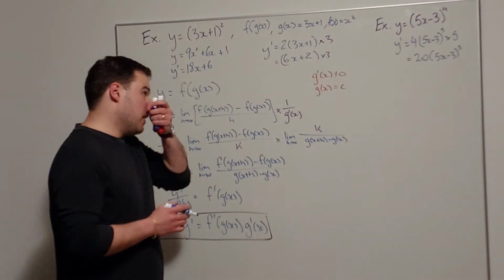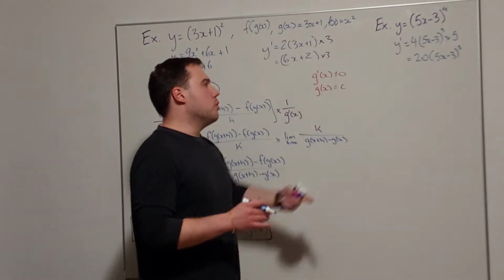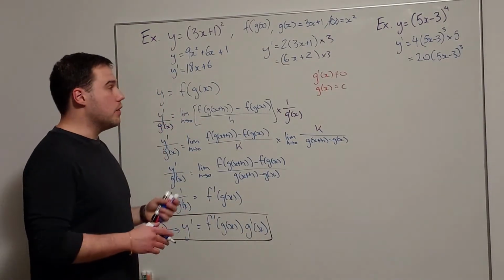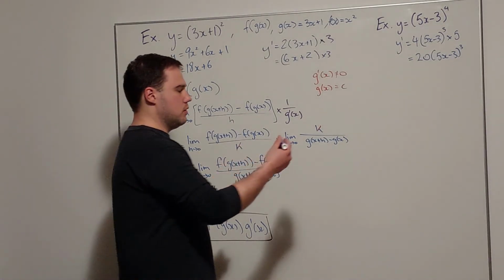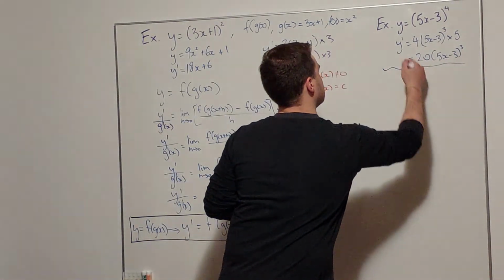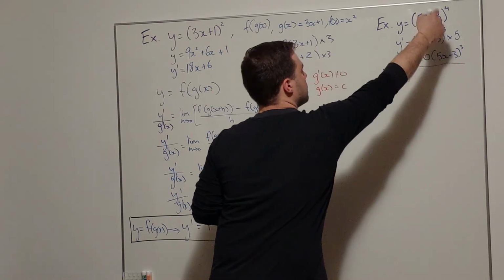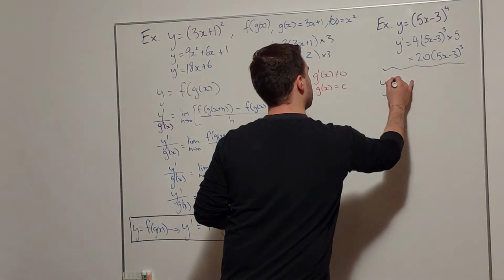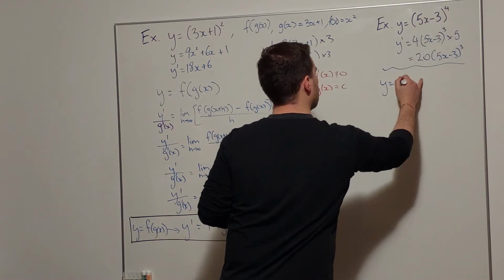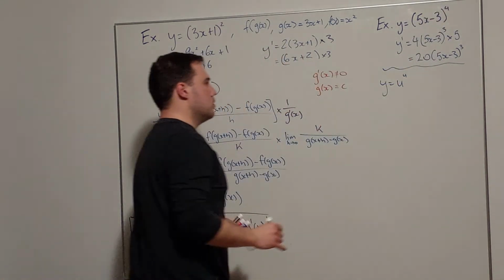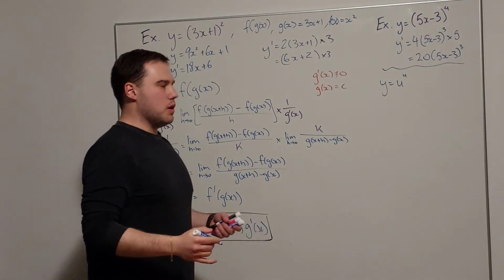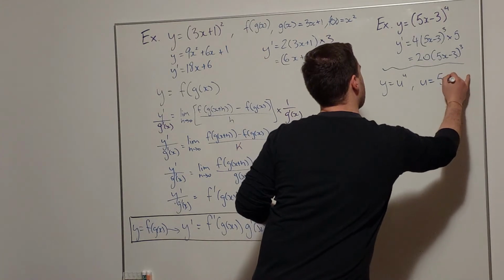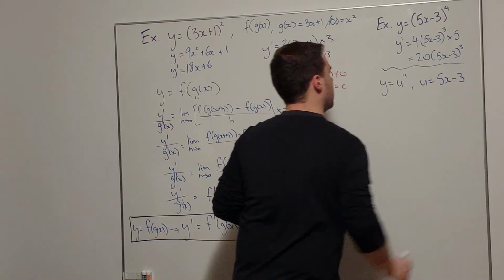Alright, so here's another way of doing this same problem, with slightly different notation, which will be useful in some other contexts. Let's say that y equals 5x minus 3 to the power of 4. That's like y equals something to the power of 4, so let's call that u to the power of 4, where we're substituting u as 5x minus 3, right?